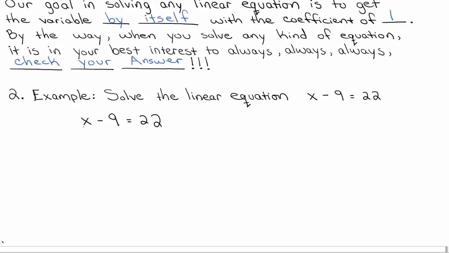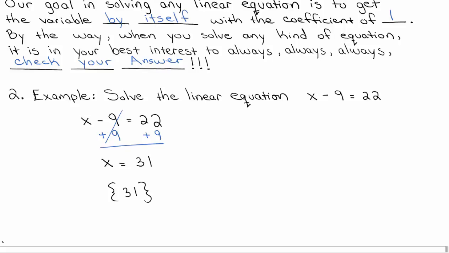If I'm subtracting 9 from the x, I need to do the opposite of subtracting 9. I need to add 9, and I need to add it to both sides of the equation. Negative 9 plus 9 is going to cancel out and just give me a 0. So I'll be left with x is equal to 22 plus 9, which is 31. So my solution is going to be 31.